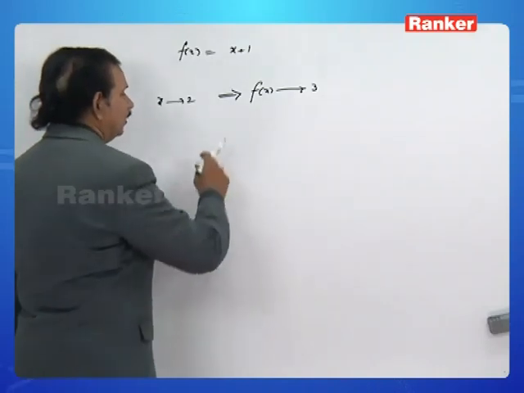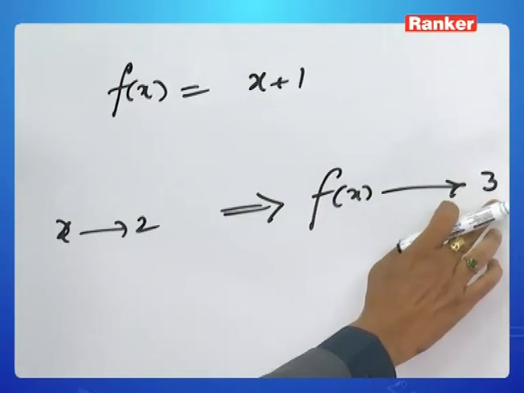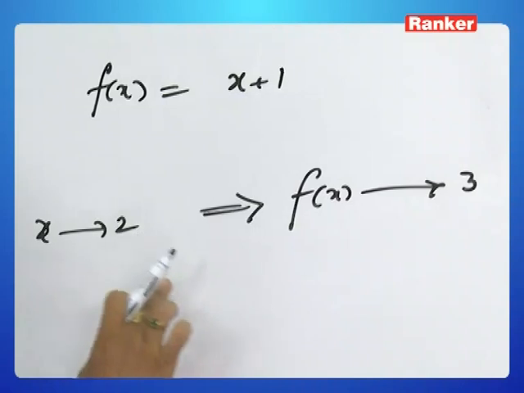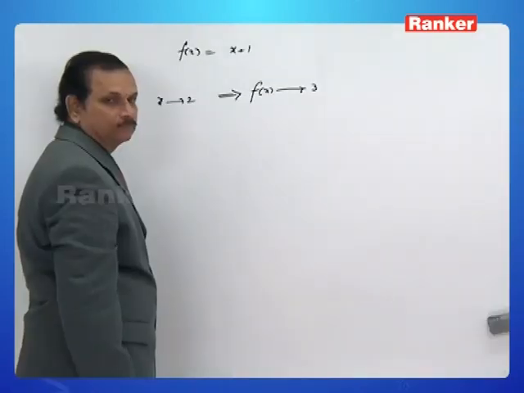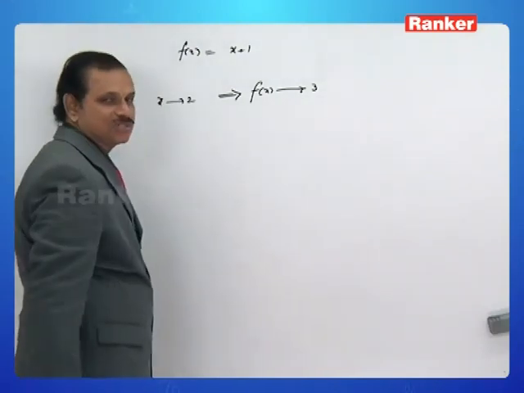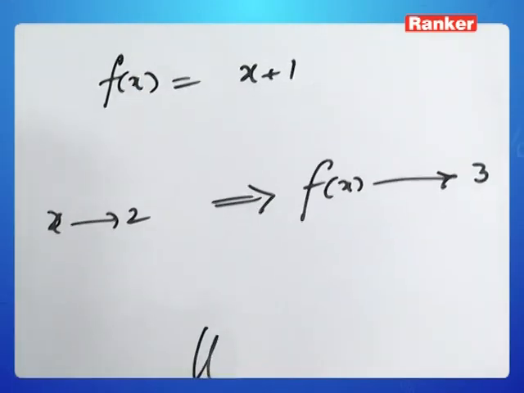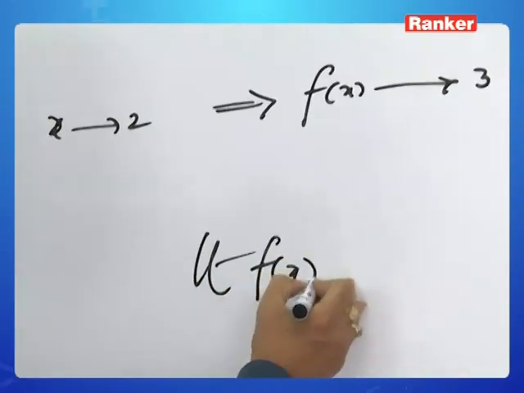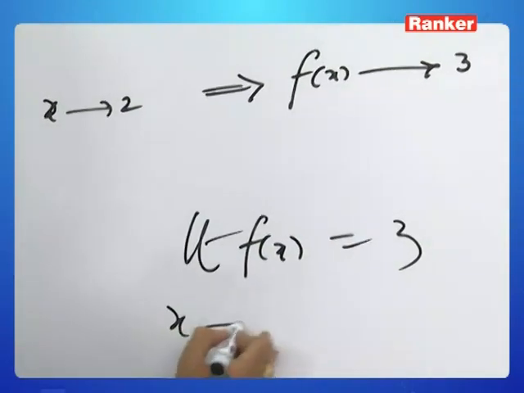Combining these two, f of x tends to 3 as x tends to 2. F of x approaches 3 as x approaches 2. Limit of f of x is 3 as x tends to 2.